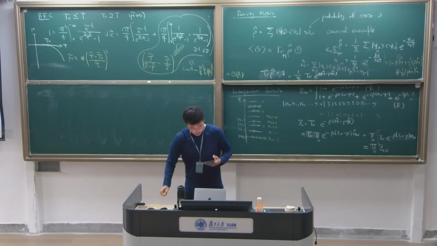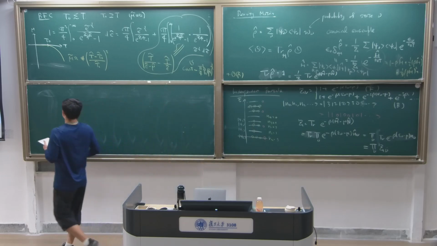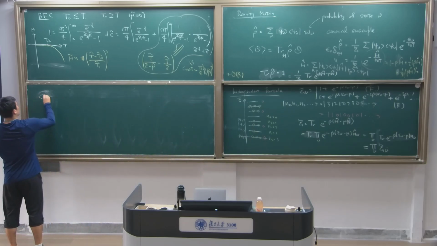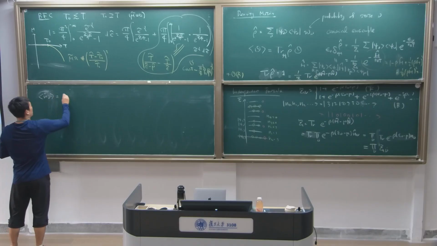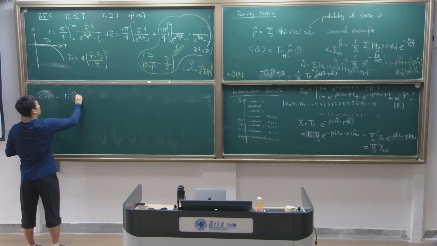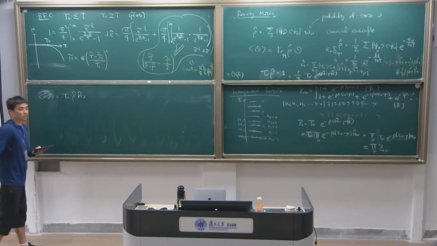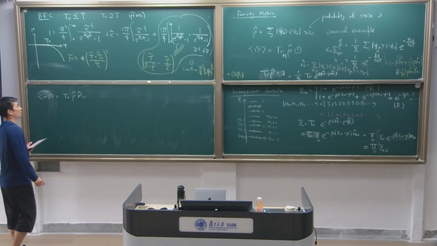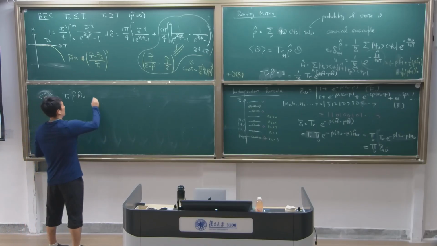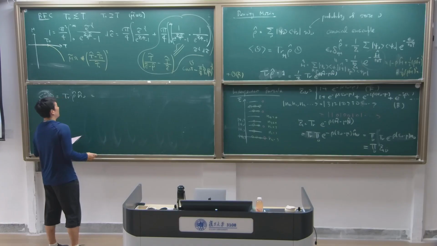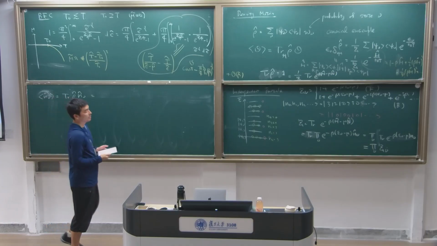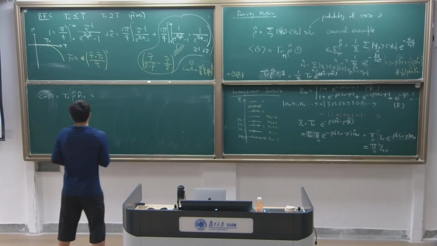Okay. And then the expectation value of n hat of nu is the trace of rho hat and hat nu. Let's derive this for the fermion. For fermion, you have rho is the same as before.